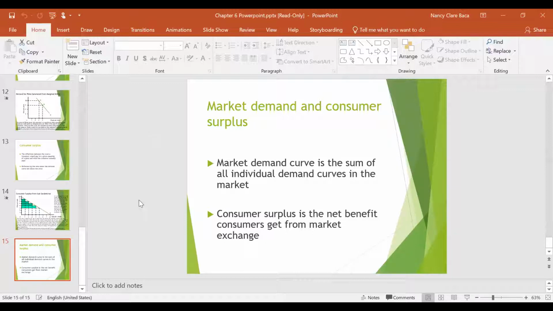Okay. Consumer surplus is the net benefit that consumers get from market exchange. Okay, so if you took that $4 that you were willing to pay for milk and you walked up to a dairy farmer and said, here, I have $4 and I need a gallon of milk. How much money do you think they're going to take from your hand? Any ideas?